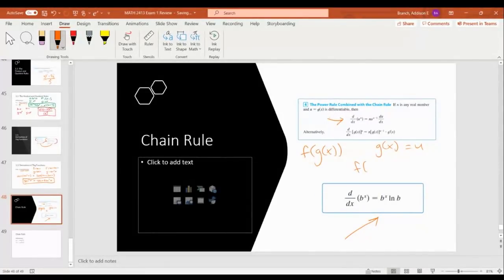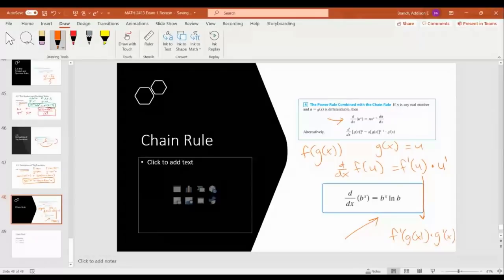So now you have f of u, and when you take the derivative of that, it will be f prime, the derivative of f, but that u will stay in there, times u prime. And then this will turn into f prime of g of x when you undo your substitution, times g prime of x.